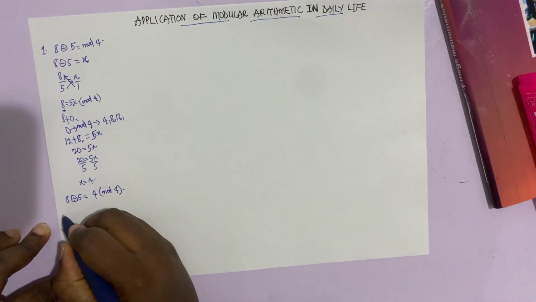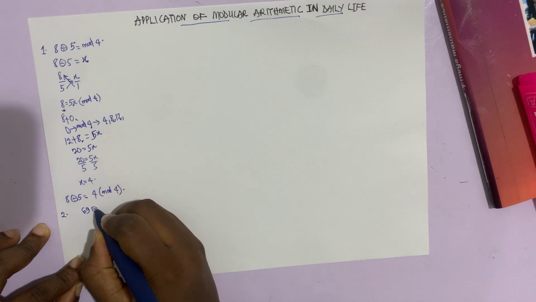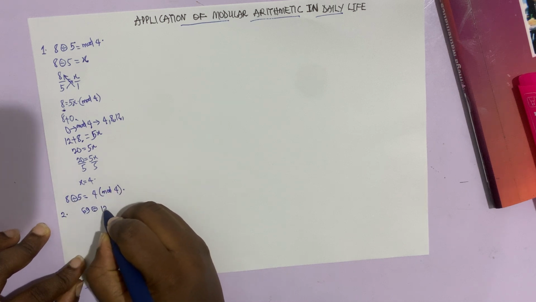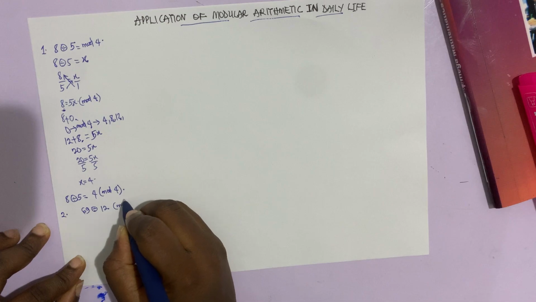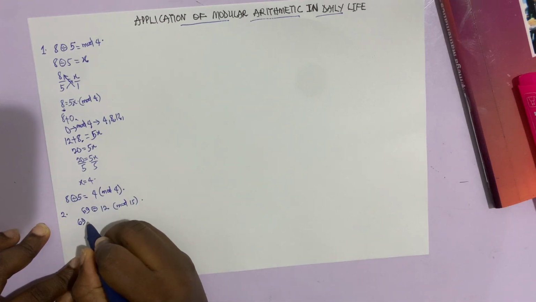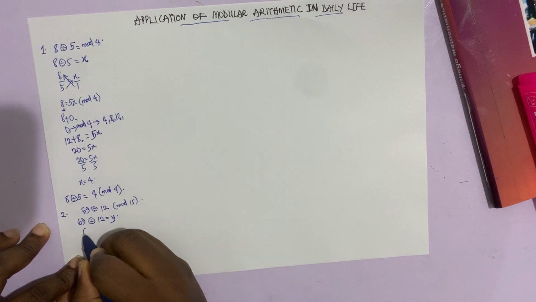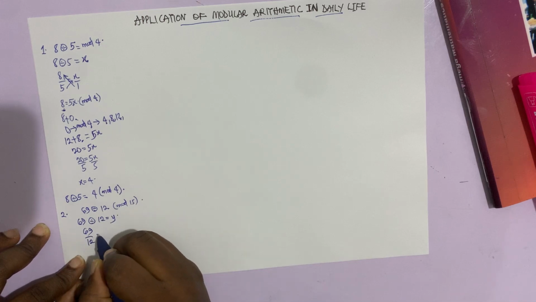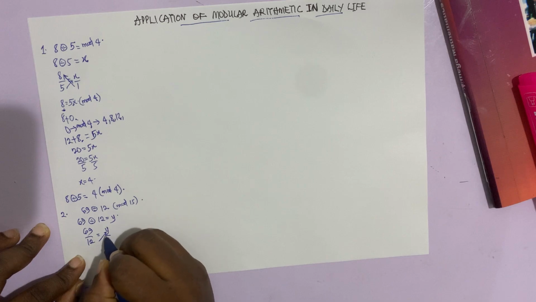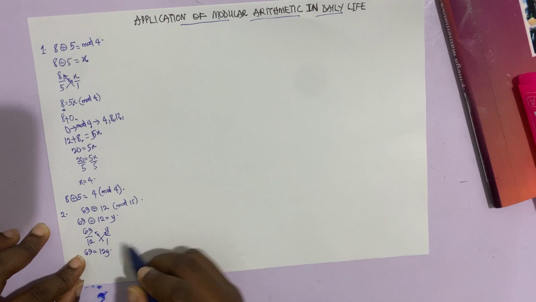So let's take the second question, which is 69 divided by 12 in modulus 15. The first thing we want to do, assume that 69 divided by 12 is an unknown value y, and cross multiplying such that 69 times 1 will give us 69, 12 times y will give us 12y.